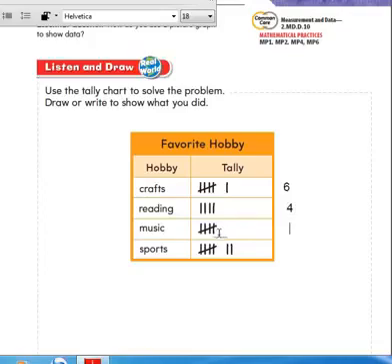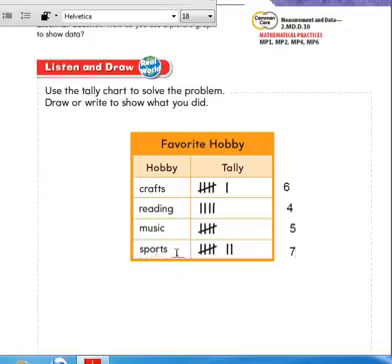For music, this is a set of 5, right? So it means there are 5 students who preferred music. And in the sports row here, this is the first set of 5 and 2 more, so there are 7 students who choose sports. The question here is, how many more children choose sports than reading?